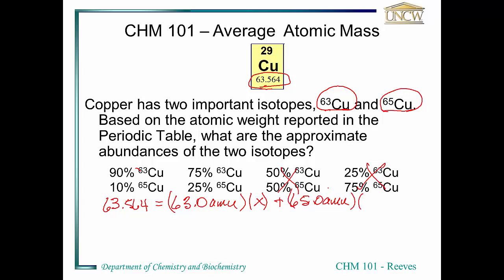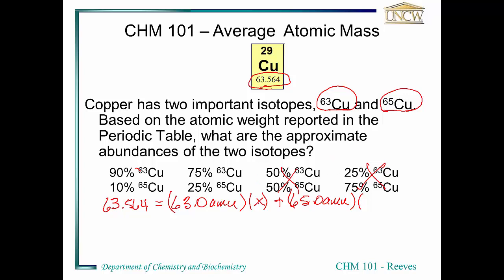Well, we don't know its abundance either, but we can't use another variable because we only have one equation. On the other hand, we know there's a relationship between the abundance of 63 and the abundance of 65, since they're the only two isotopes in the sample. If, for example, 75% of the sample is 63, the other 25 has to be 65. In other words, each of these percentages have to add up to 100%, and therefore each of the fractions have to add up to 1.